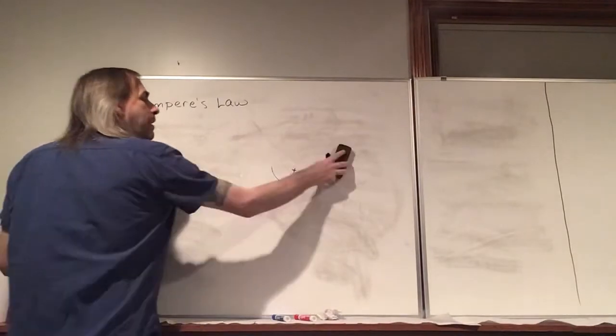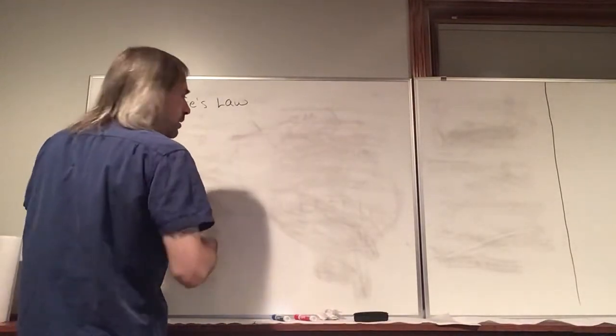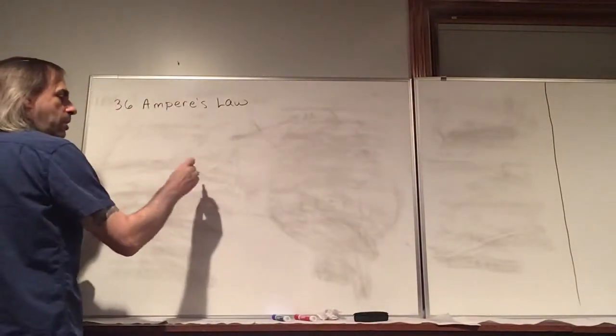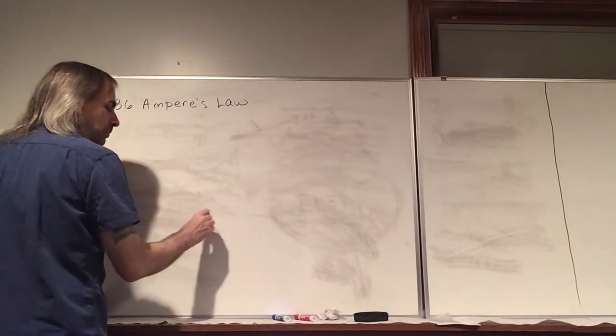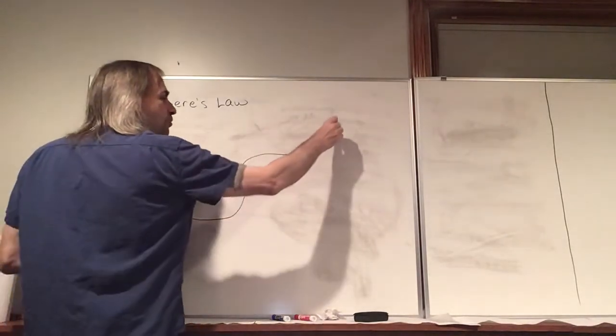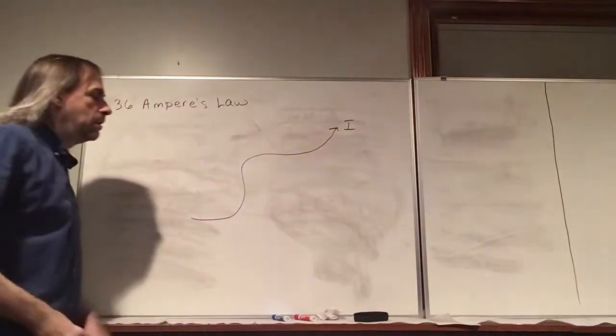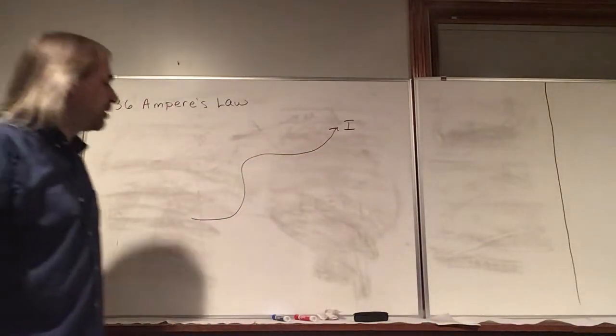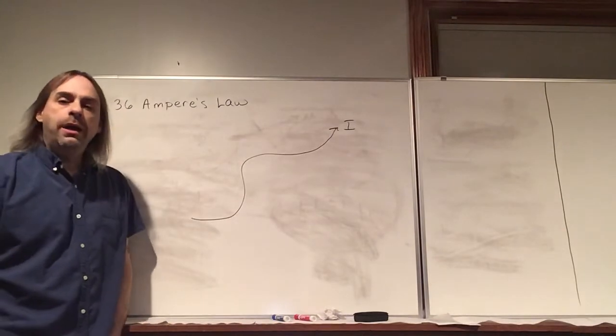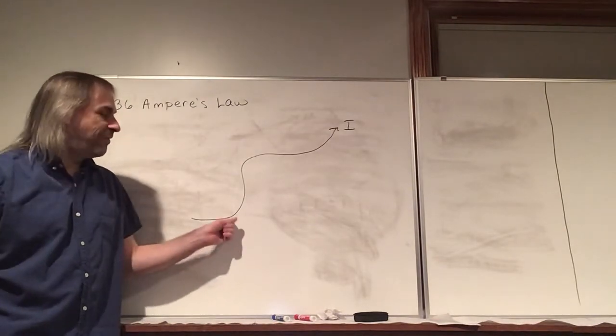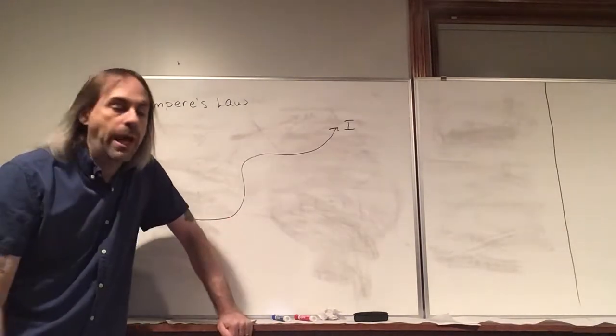So say we have a wire that's carrying a current. I'm going to draw a general picture, say we have a random wire that's not in any particular shape. And say we wanted to know what magnetic field this wire is going to create.